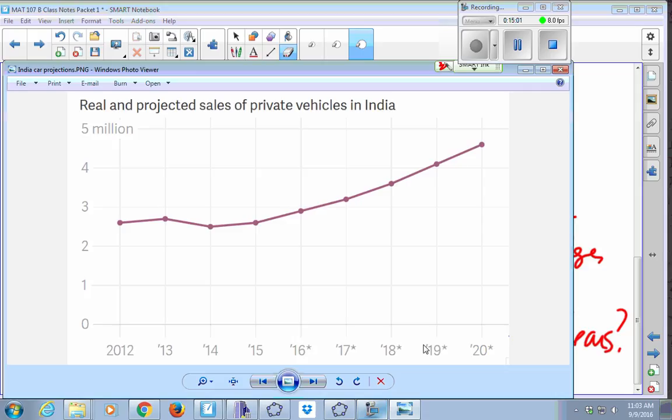Maybe it's some other type of relationship. Without the actual data, we can't find the best model. But just looking at the trend, you can see this particular person is trying to make a lot of money. India has quite a few people, right? And they're trying to increase the number of private vehicles owned there. So not very good for the environment, but we'll see.